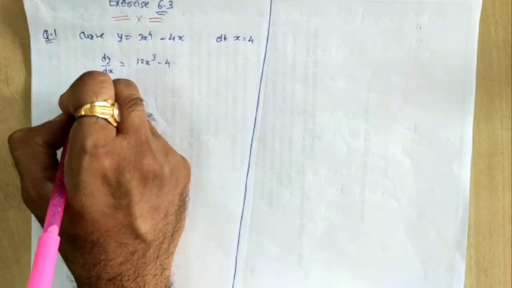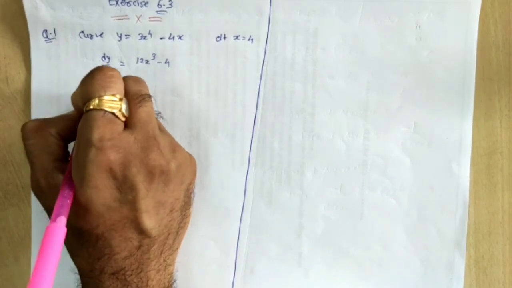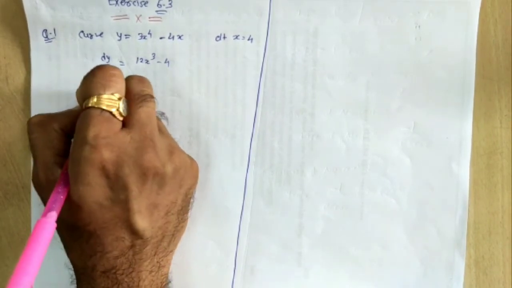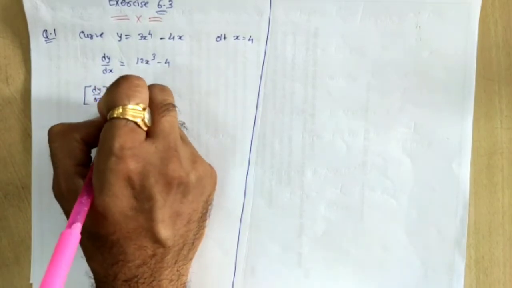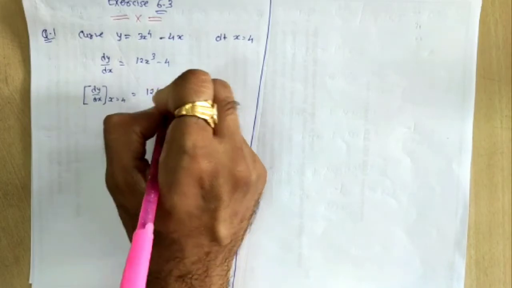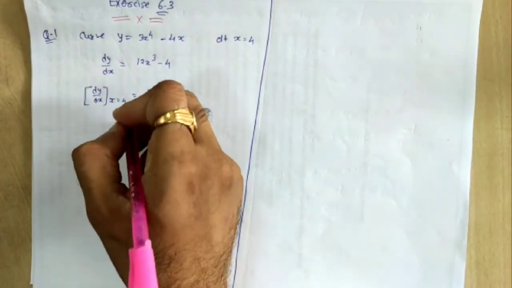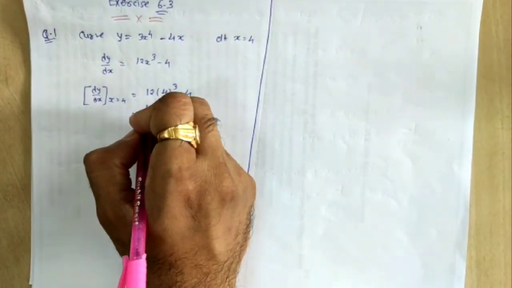So what is the slope of tangent? Slope of tangent at x equal to 4 will be dy by dx at x equal to 4, so you have to put x equal to 4. So it's 12 into 4 cube minus 4. Wherever there is x, you have to put 4. What will 4 cube be? 64.